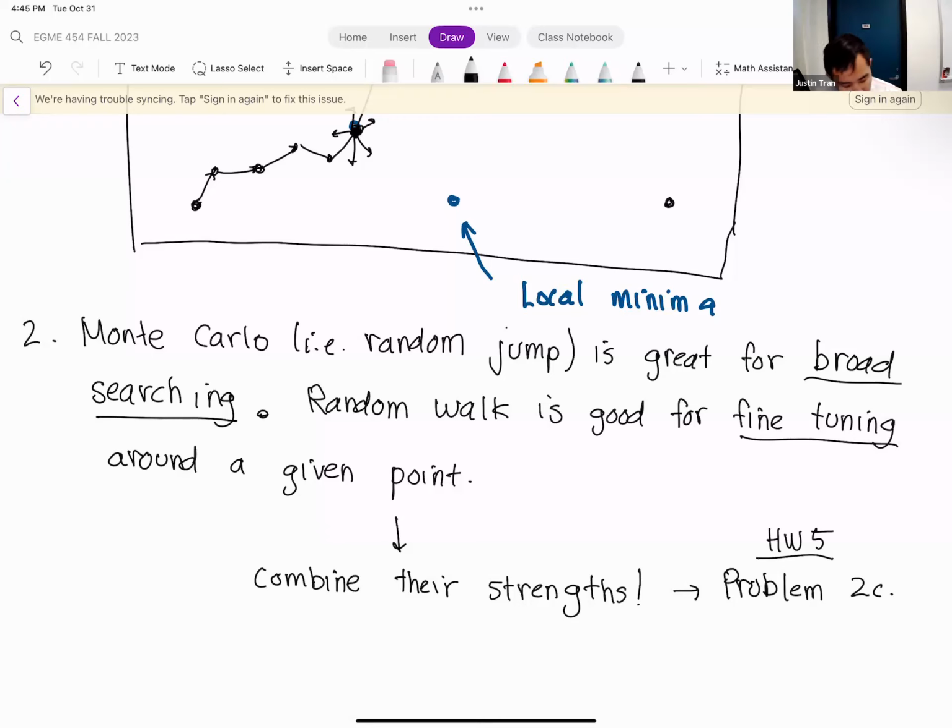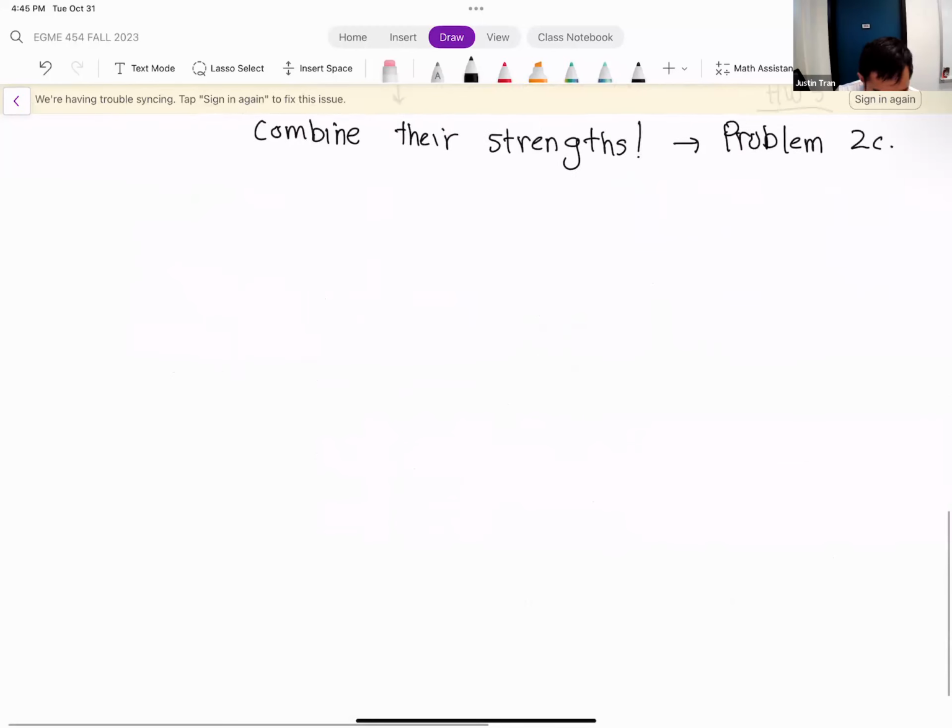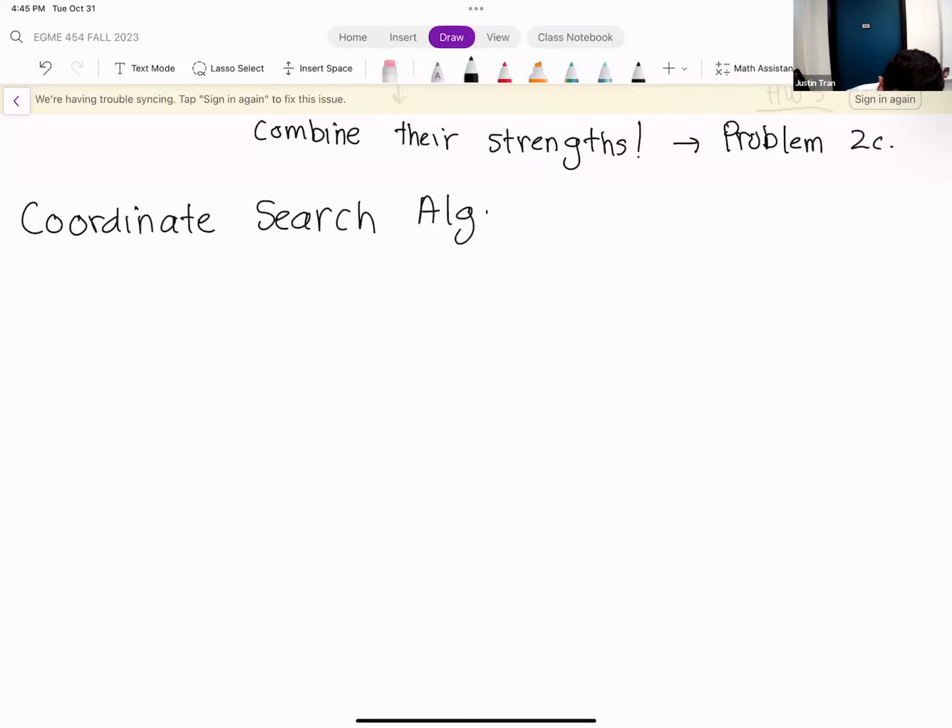Okay. Let's move on to the next algorithm, which is coordinate search. The idea behind coordinate search is it's quite similar to random walk, where we start from an initial point and take steps from there.